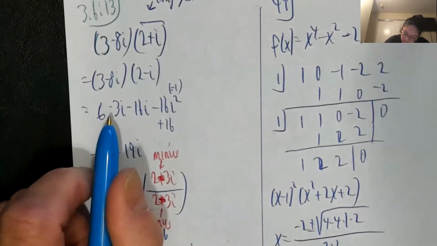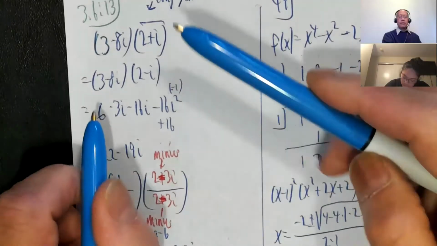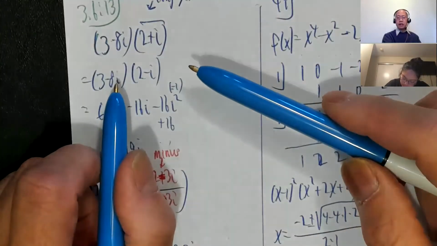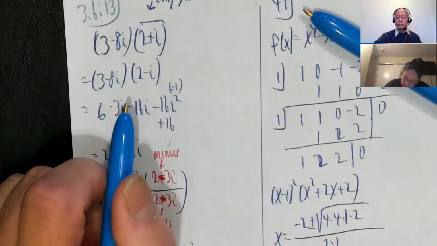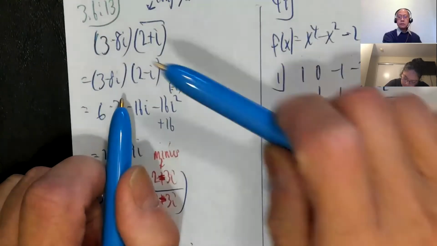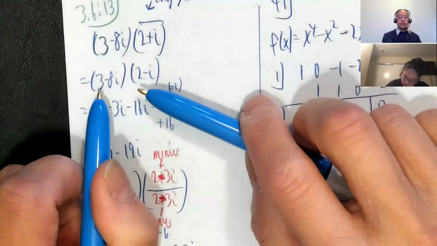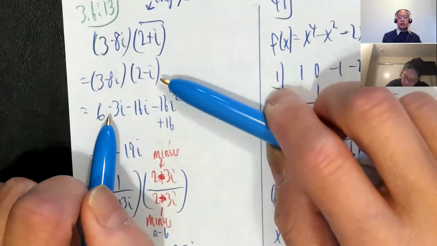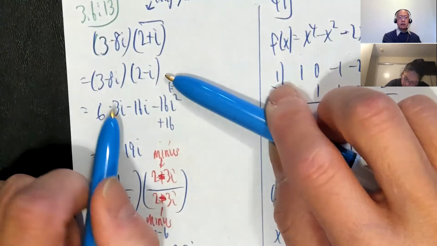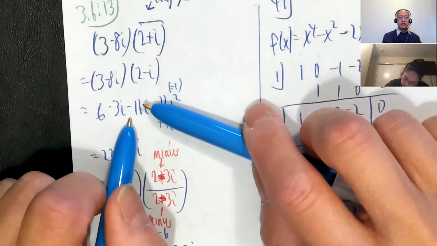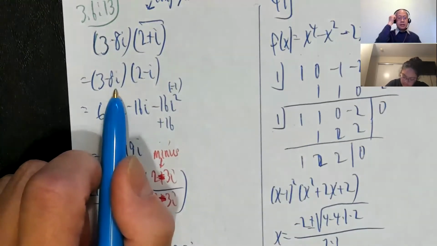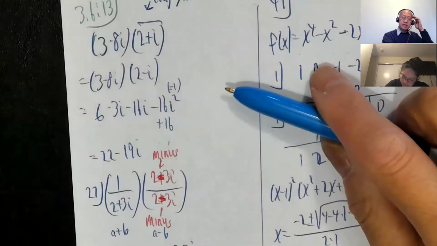So you just FOIL like usual, except whenever I get an i squared, I have to remember i squared gives me a -1. Okay. So first is 6. Outer is minus 3i. Inner is minus 16i. And last is minus 8i times minus 2i, which is minus 16i squared.